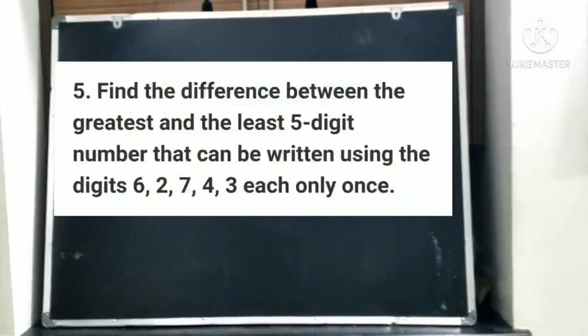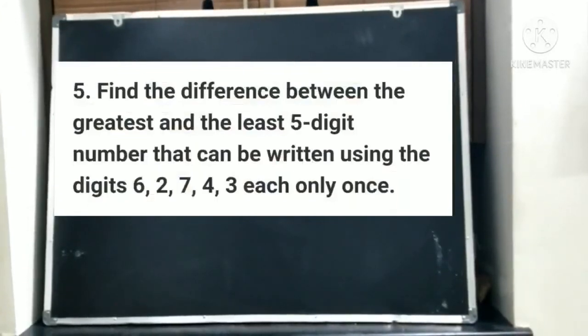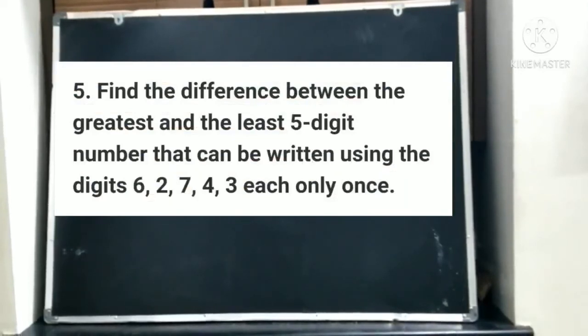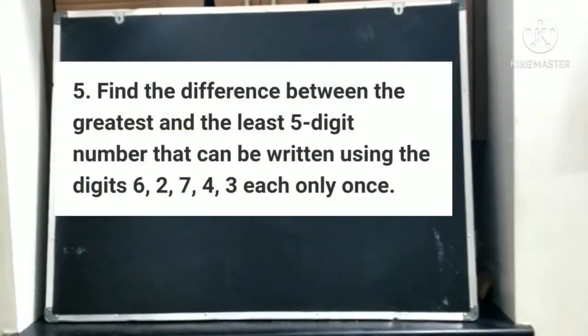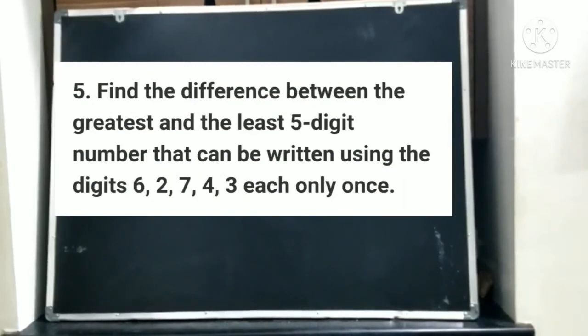Okay, next fifth question. Find the difference between the greatest and the least number that can be written using the digits 6, 2, 7, 4, 3 each only once.